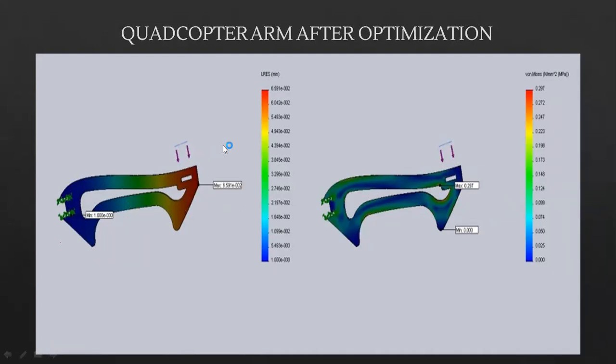You see on the left side here, you have this deformation contour plot. The blue indicates more deformation. Okay, it's the opposite way around. You see the values, it's 1e minus 3, and as you go here, it increases to 6.591e minus 2, right? So here you have more displacement.